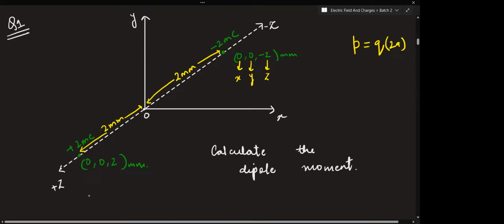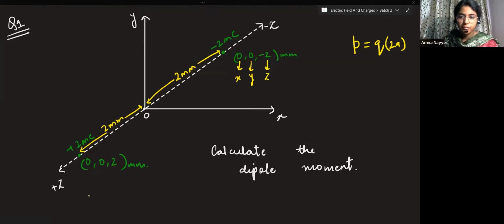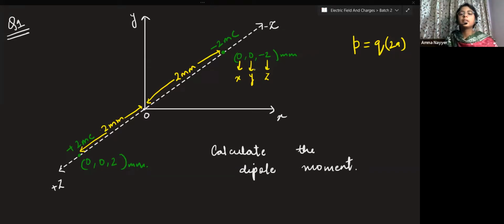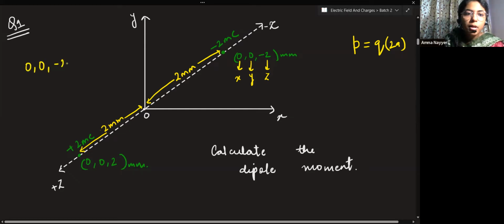Clear, ma'am. Teacher, I didn't understand how you did the X, Y, Z distance. See, Fatma, your point is given as 0, 0, minus 2. This means the point is located at 2 units on which axis?